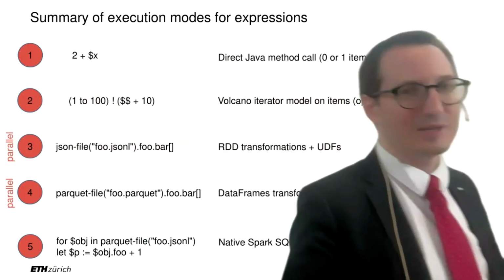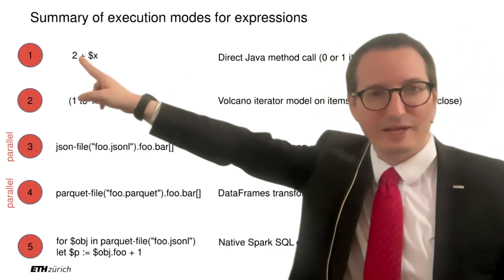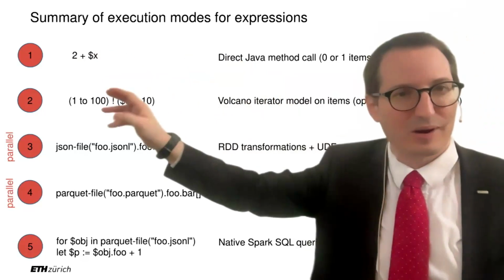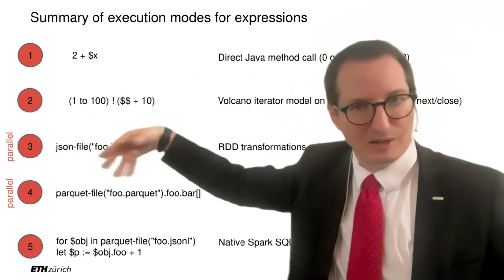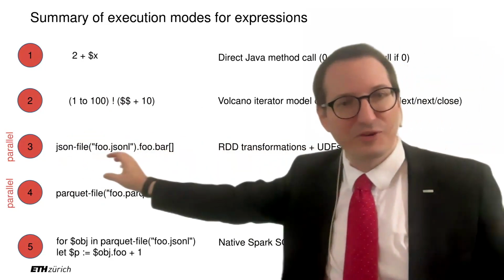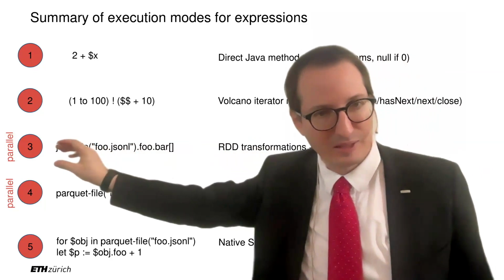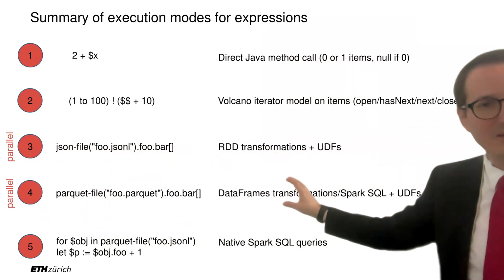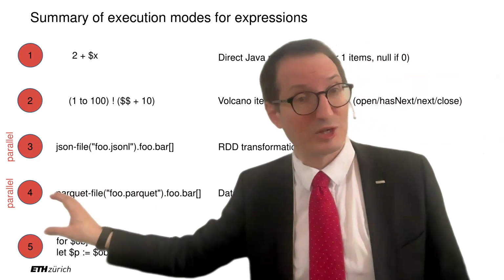And if I summarize for expressions, but it's things that I already showed you, we can use direct method calls if it's a single item. We can use iterators if it's small sequences and you just make your way through it. If it's messy, nested, heterogeneous data, then you can use RDDs. If it's nested but structured data, then you can use data frame transformations.